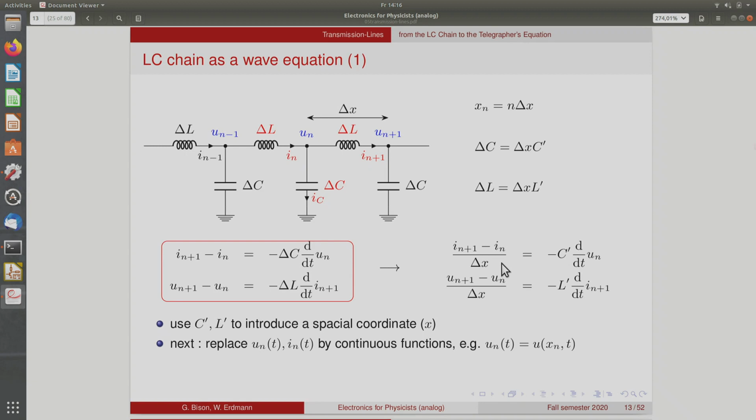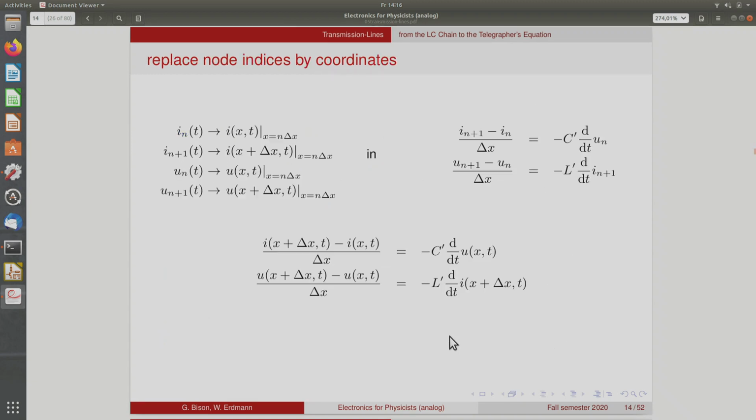So the next thing we do is we replace all these different functions I_n and U_n by continuous functions of space and time, okay? This is done here. So instead of writing I_n of t, we write I of x and t evaluated at x equals n times delta x, and correspondingly for all the others.